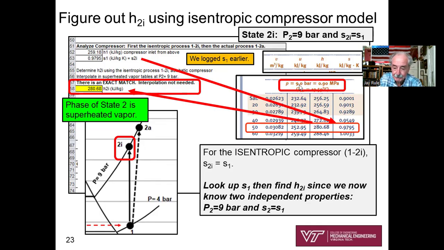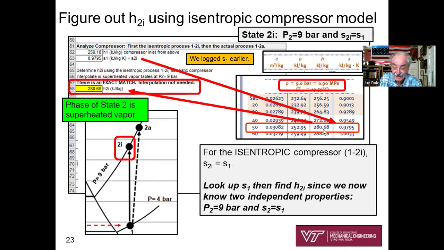We're going to go to 9 bar, and shop around in the S column at 9 bar for the number 0.9795. And lo and behold, for this homework problem, thank goodness, look at this. We've got an exact match. We do not have to interpolate for a temperature or an enthalpy.